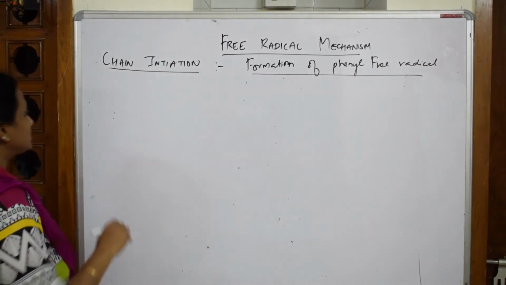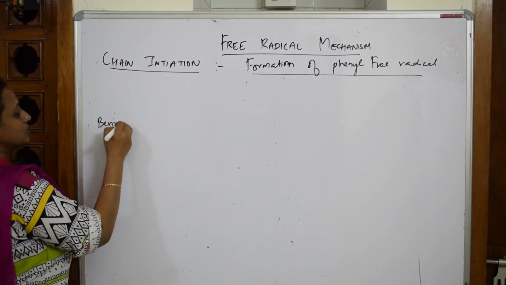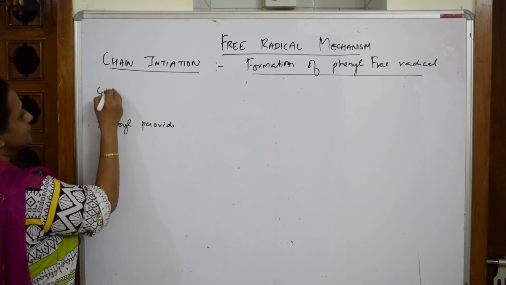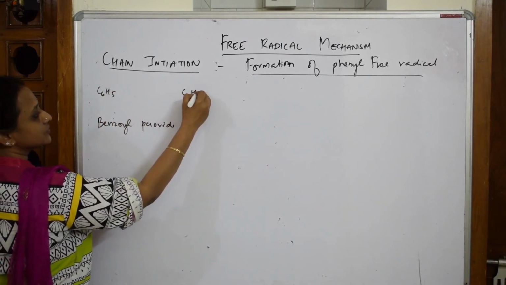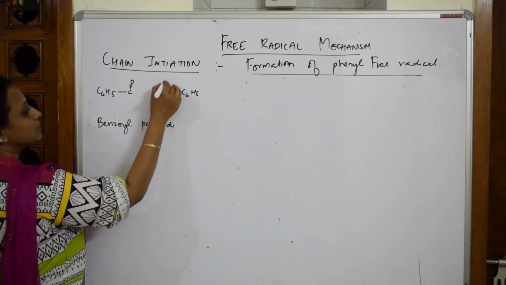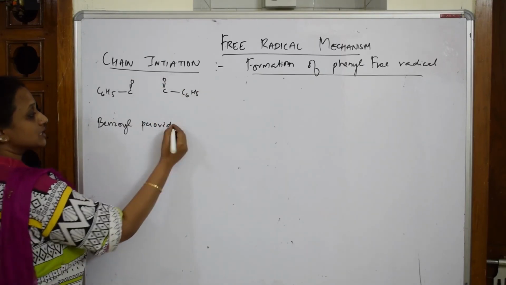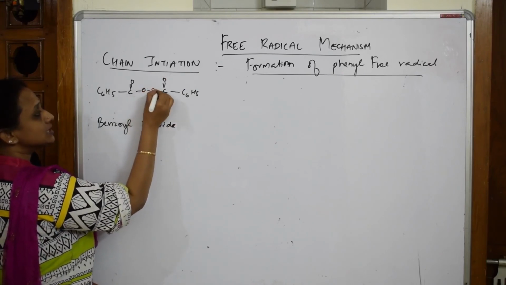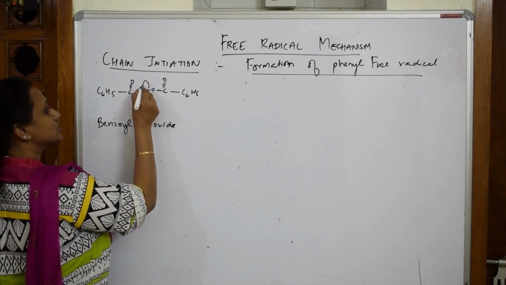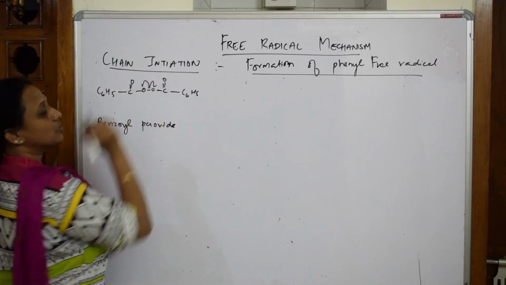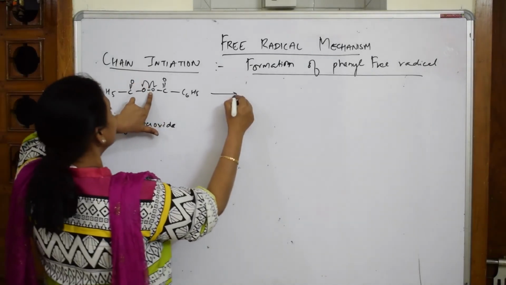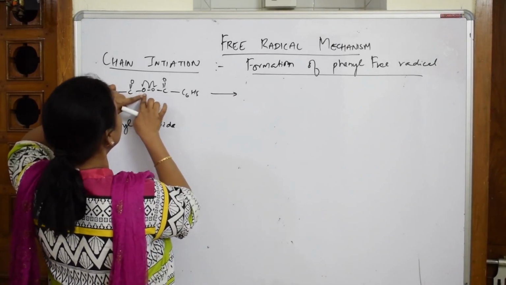First you are going to take the catalyst, that is benzoyl peroxide. What is the formula? C6H5, here also C6H5, then you have C double bond O, C double bond O. There is a peroxide linkage in the center. This is benzoyl peroxide. Now there is a breakage of the bond here. It cleaves in the center. This is one repeating unit, this is one more.